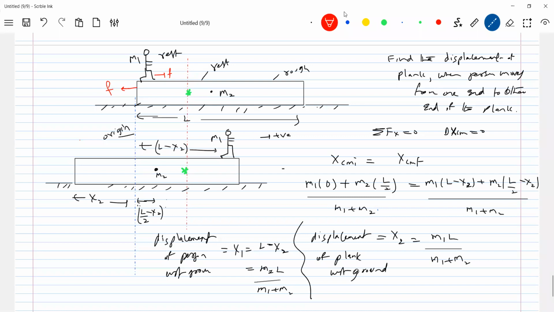Look at that, though person shifted, what happened to the center of mass? The center of mass has not shifted. Where it is, it will be there only. And what is this distance? You can call it as XCM. Look at center of mass, it didn't shift, no?